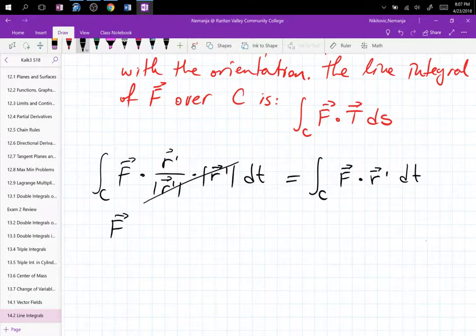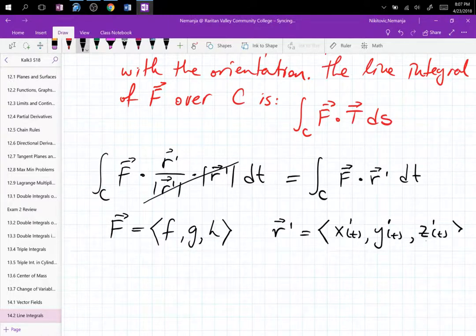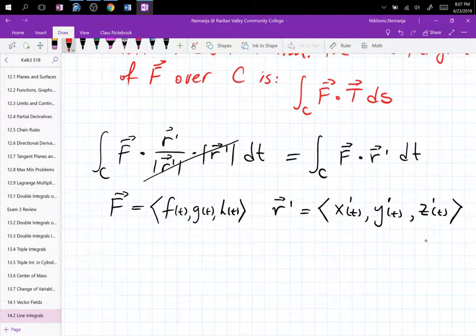So your vector f is f, g, h, and your vector r prime is going to be x prime of t, y prime of t, z prime of t. Let me fix that to f of t, g of t, h of t. Much better.